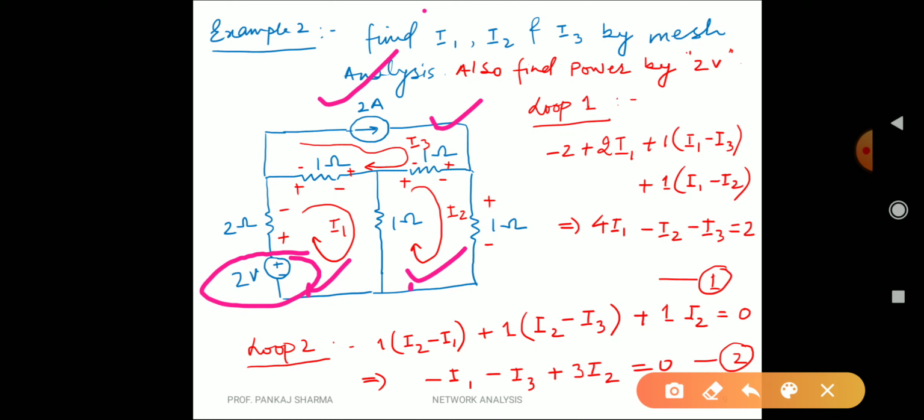So let us start writing the KVL equation for loop number 1. Where is loop number 1? Write this KVL equation. Start from here.